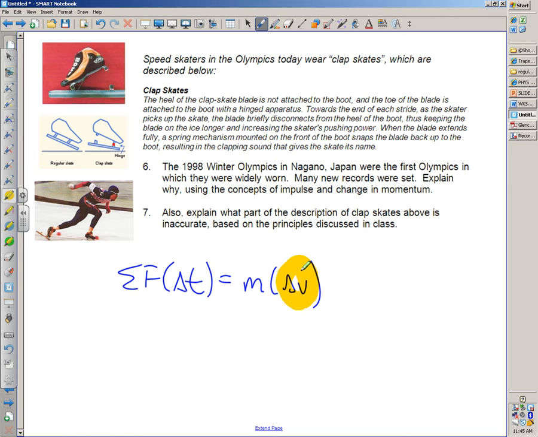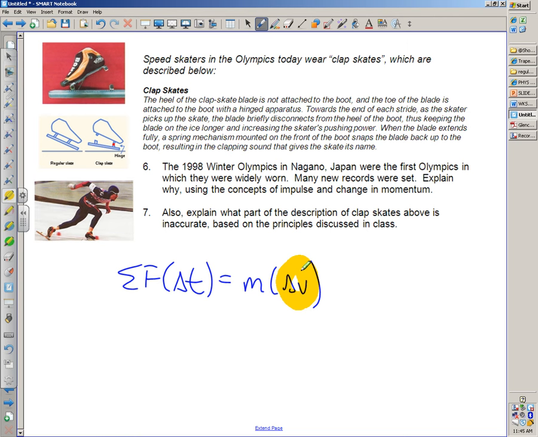Force comes from how strong you are. Did people just miraculously get stronger at the 1998 Winter Olympics? No. But where does the force come from when you're walking or speed skating or doing any other motion thing? The ground. You push on the ground and it pushes back on you.